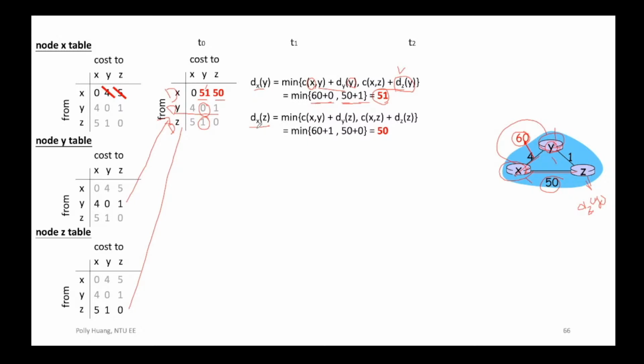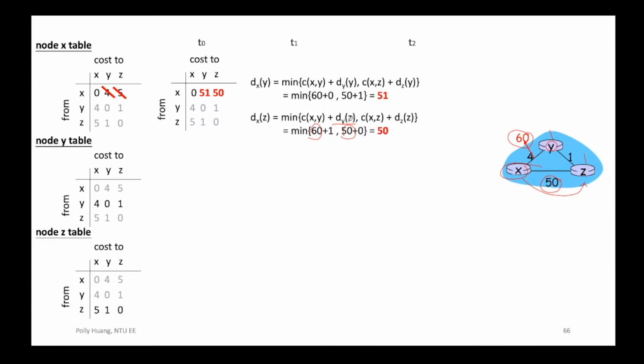Similarly, we derive dxz from x to z. So clear the markup from x to destination z. There are two neighbors again, y and z. X to the first neighbor y costs 60. X to the second neighbor z, link costs 50. So again, 60 here, 50 here. And then from y, what is the shortest distance to z?